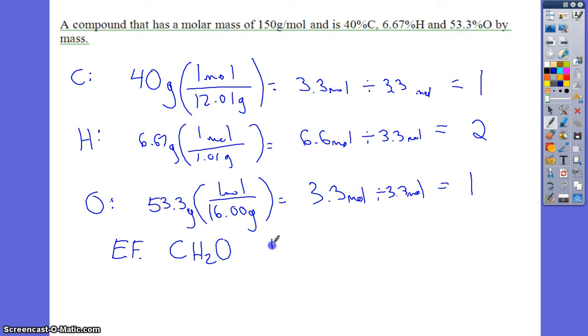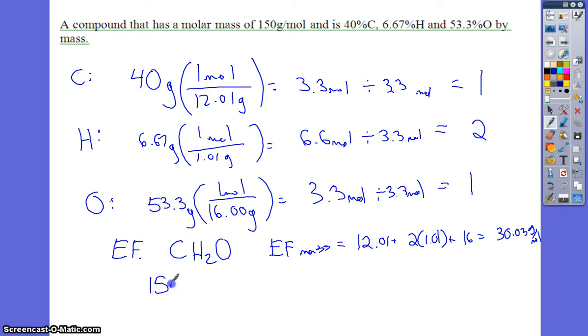So what I do is find my empirical formula mass. I add up 1 carbon, 12.01, plus 2 hydrogens, 1.01 each, plus 1 oxygen, 16, and I get 30.03 grams per mole. Well, my entire compound has a mass of 150 grams per mole.